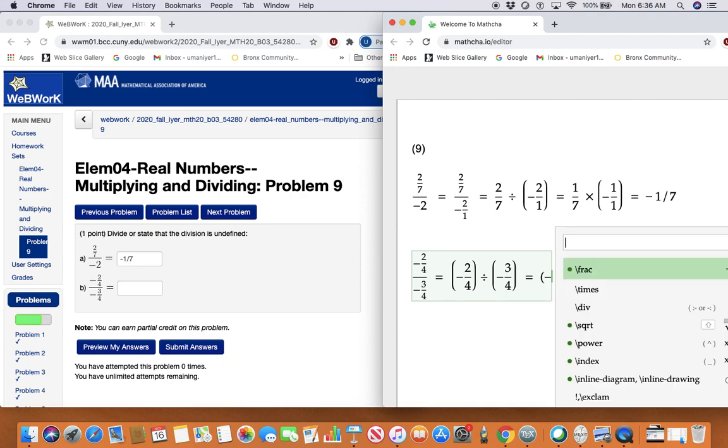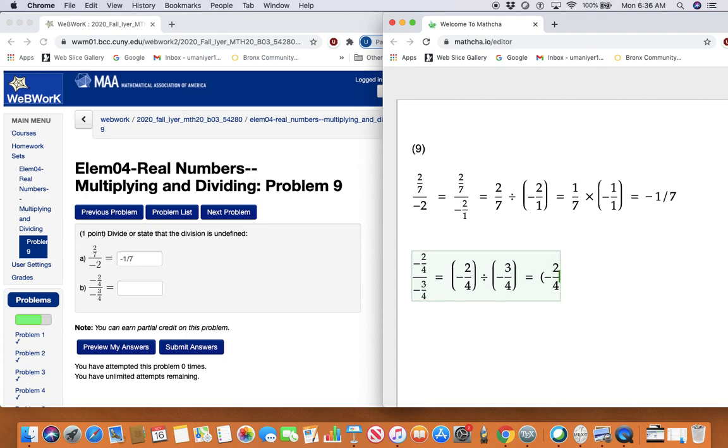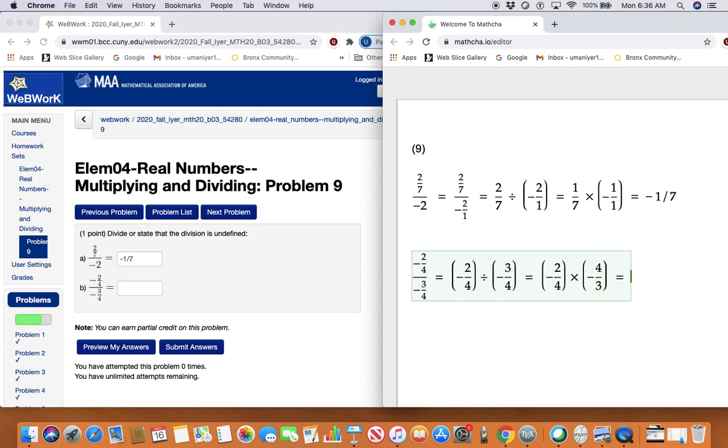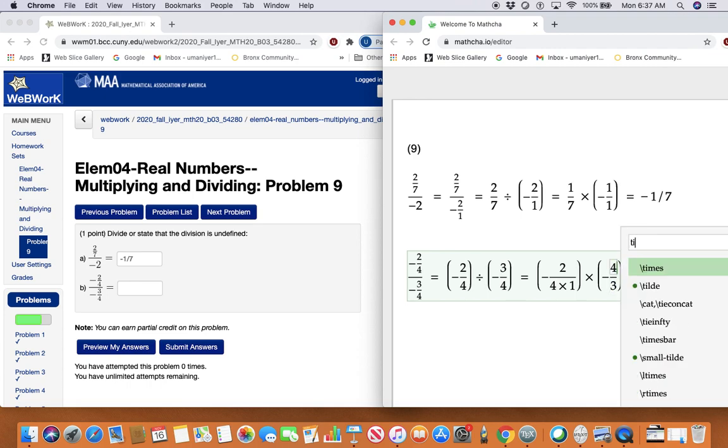So the first fraction continues, and the second fraction you take reciprocal. Right? At this point, see whether there is any reduction. That 4 reduces this 4. I'll rewrite this 4 as 4 times 1, and that 4 also as 4 times 1.